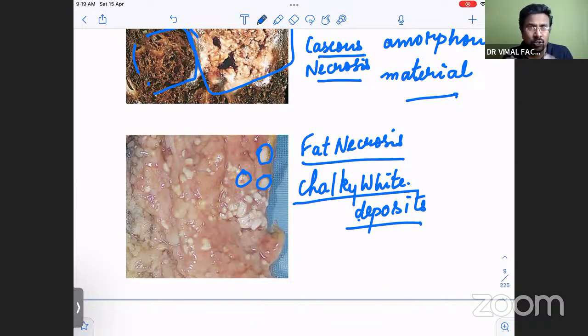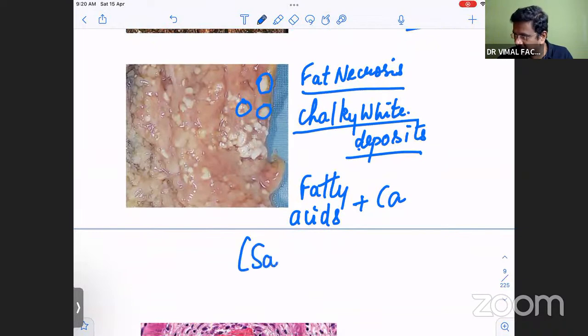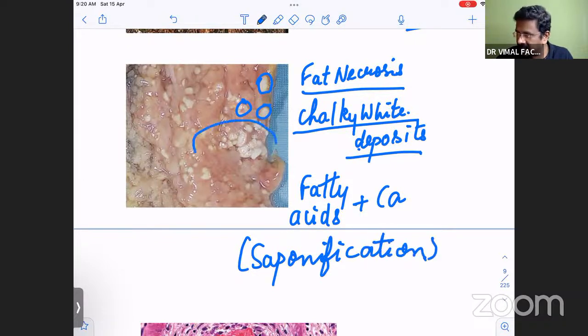The liberated fatty acids plus calcium result in a process of saponification. In the gross specimen, this saponification looks like these chalky white deposits, characteristic of fat necrosis.